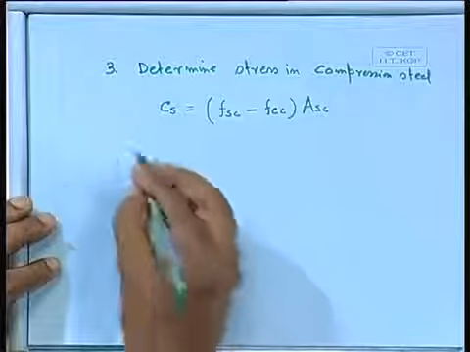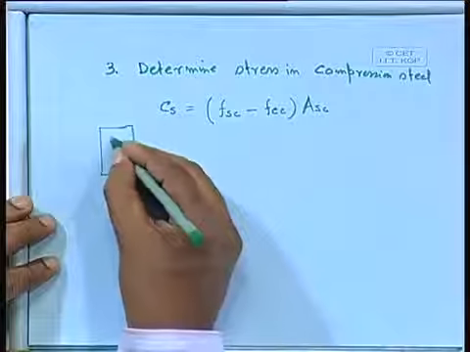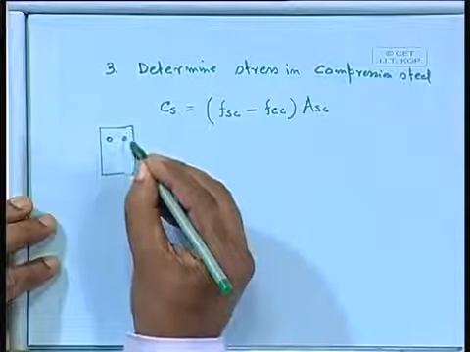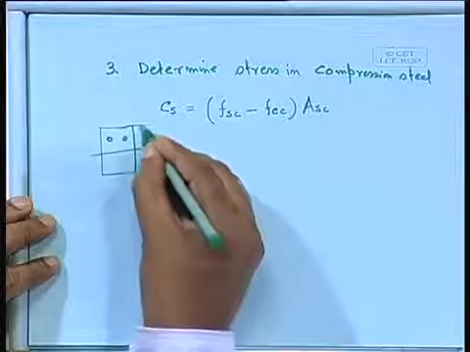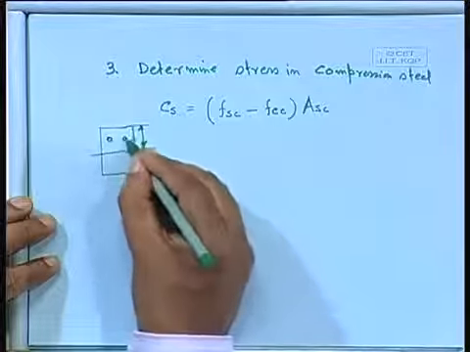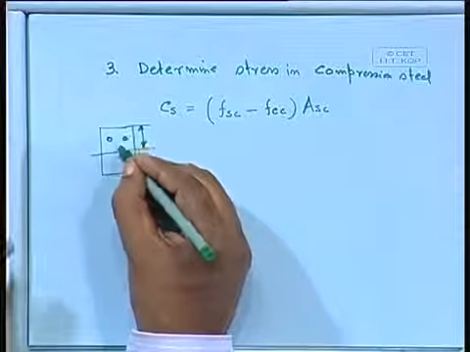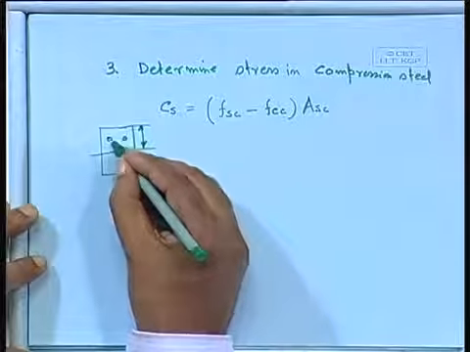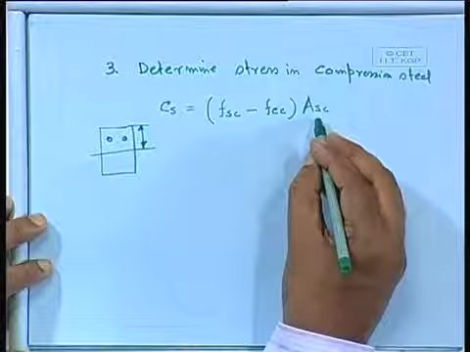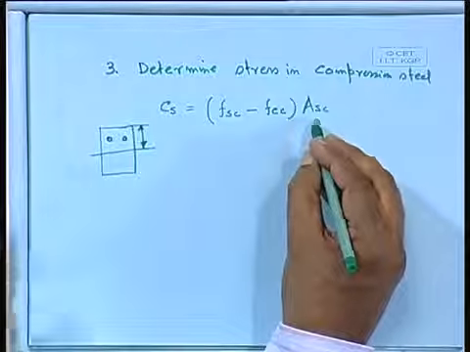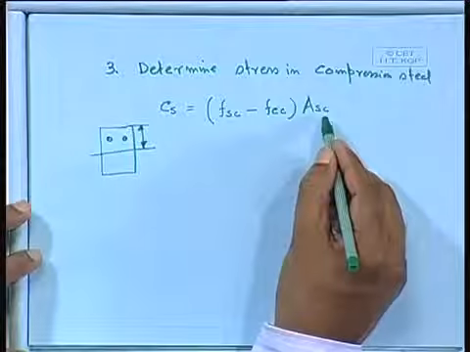What we mean is, when you are taking this section, there is reinforcement. When you are considering the singly reinforced section, we have already taken this area, however small it is, for the compressive concrete stress. That's why we are deducting that Asc. When taking the steel, we take fsc minus fcc times Asc.